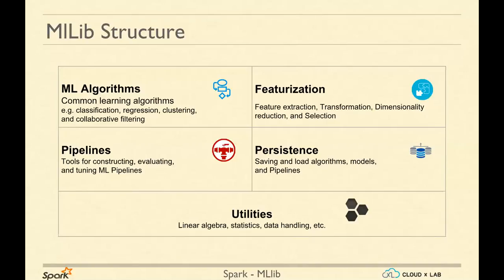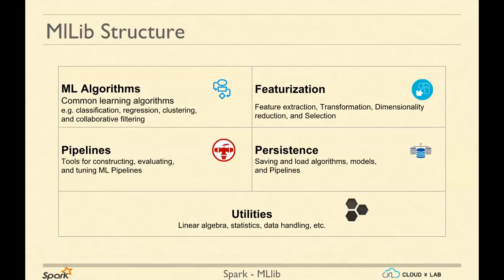Also, when we are doing machine learning, we always end up doing many steps again and again. So it is easier to create a pipeline so that we can run the whole pipeline in a single shot on certain data. A pipeline could have running of an algorithm, running of a feature extraction step, and so on.